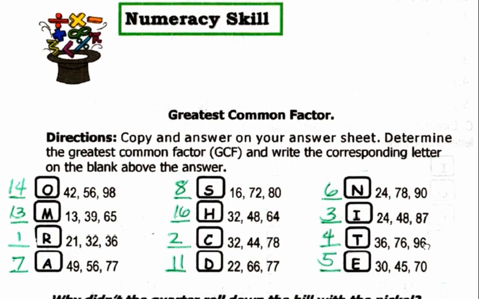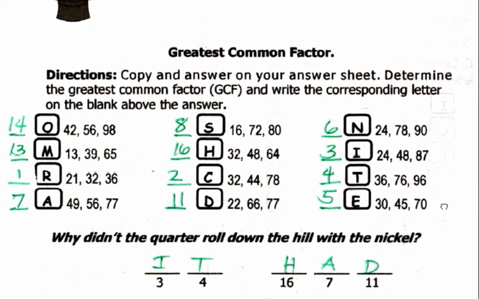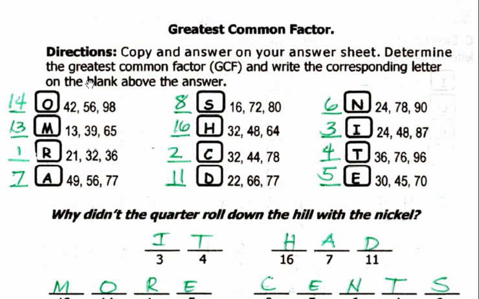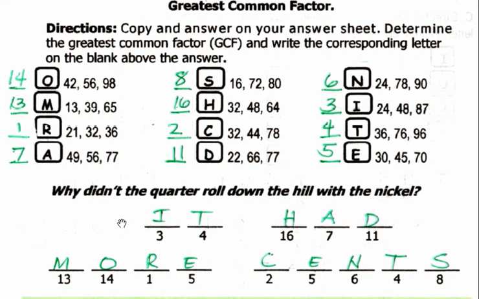We will move on to the numeracy skill, finding the greatest common factor of the given integers. For the direction, copy and answer on your answer sheet. Determine the greatest common factor and write the corresponding letter on the blank above the answers. So it should be here. We have to write our answer.